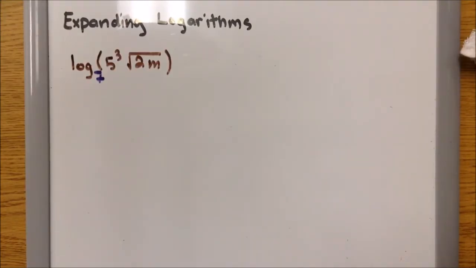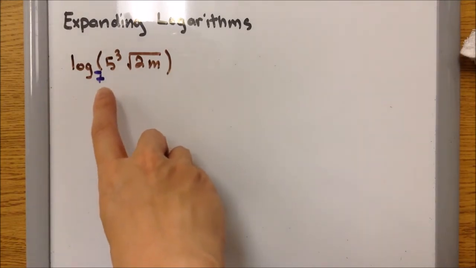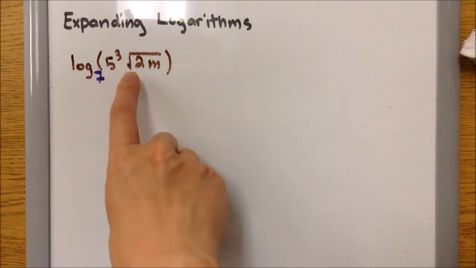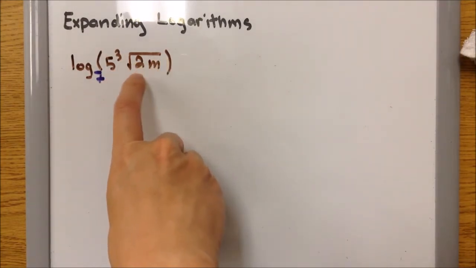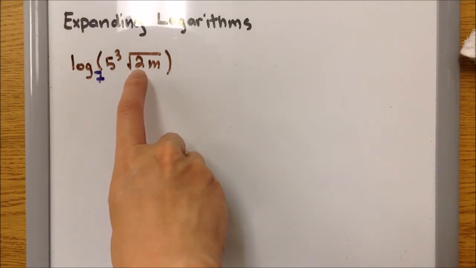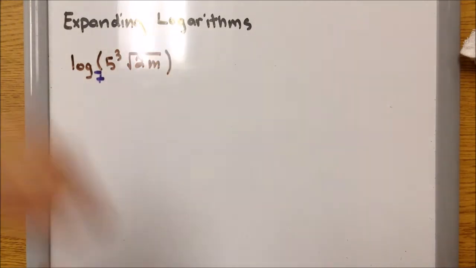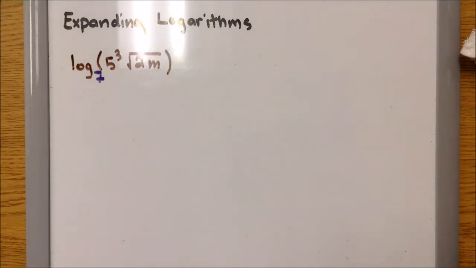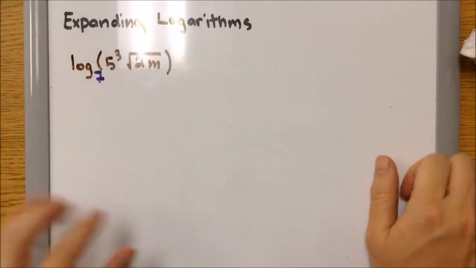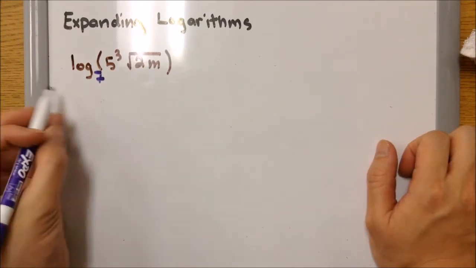Alright, so for example 2, we have log base 7 of 5 to the third times the square root of 2m. It's similar to the last example, we have a square root. So what we're going to do is convert the radical into a rational exponent.